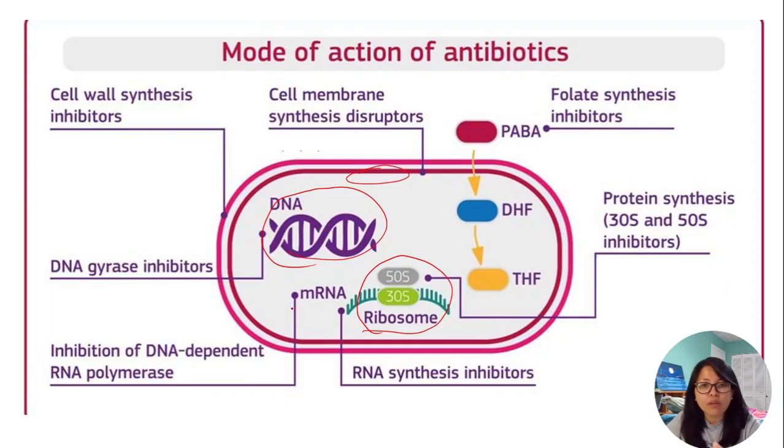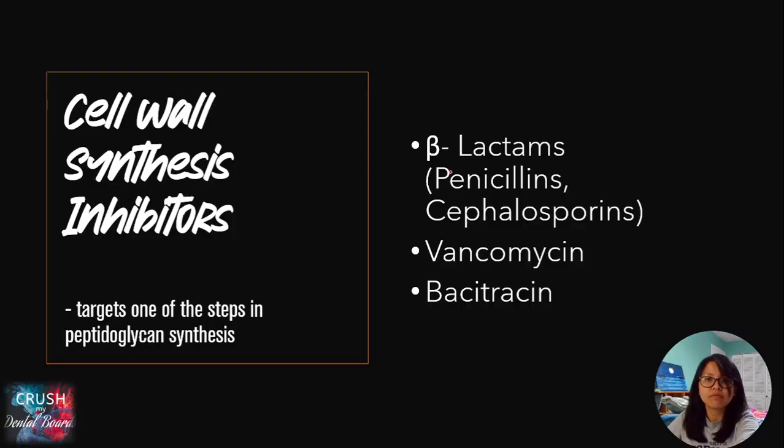Some would affect the mRNA, or your messenger RNA. And there are some antimicrobial agents that would affect the synthesis of some metabolic components needed by your bacteria, such as PABA, or para-aminobenzoic acid. We'll talk about these different types of antibiotics, but mostly we'll concentrate on what's being used in dentistry.